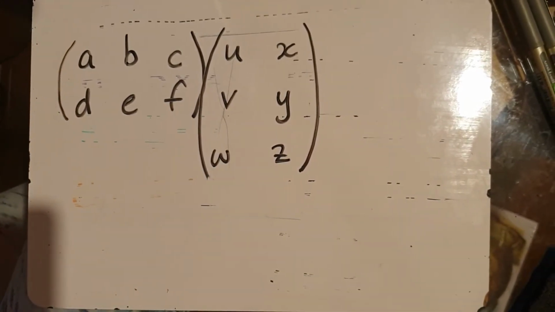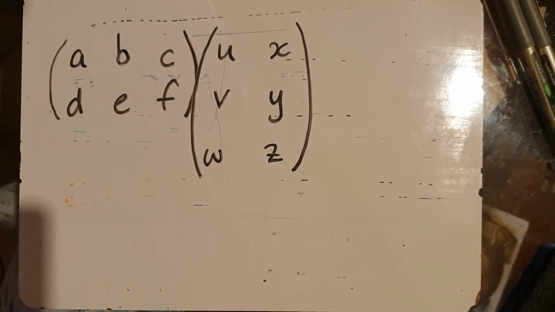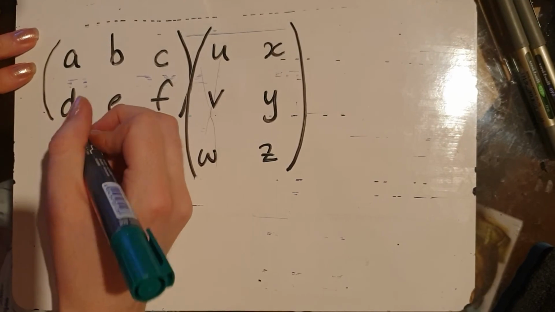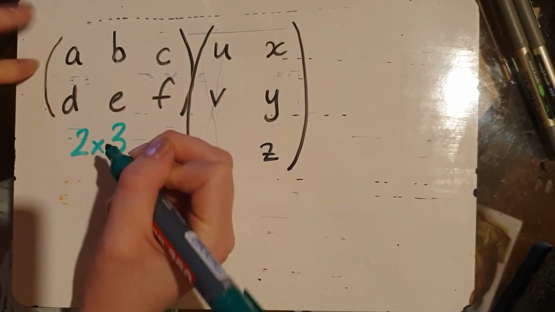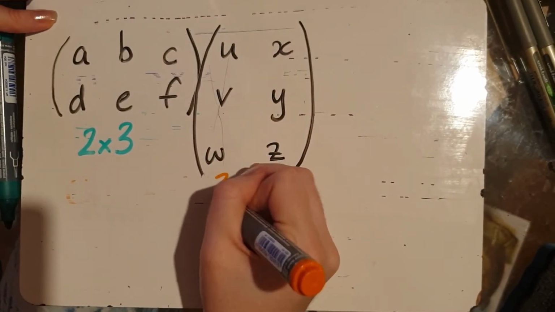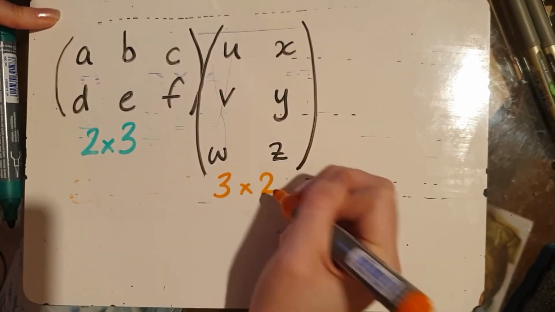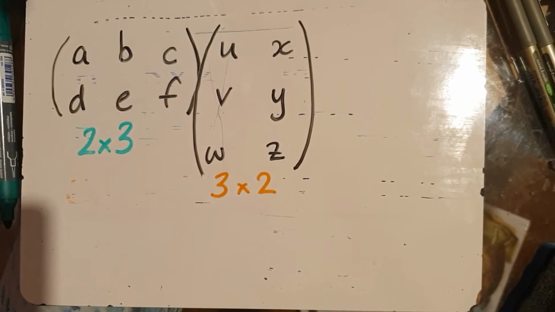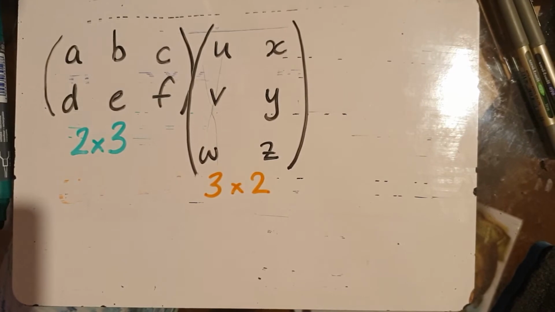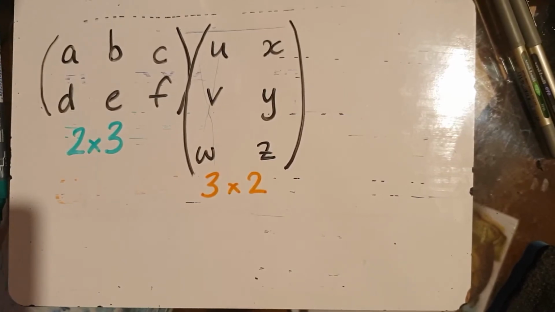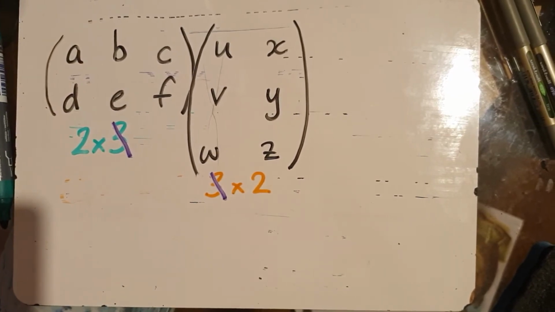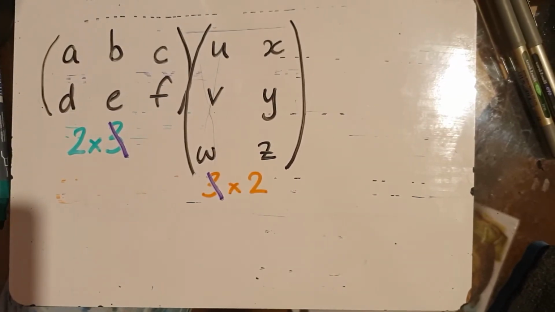Now, I'm going to multiply these two together, but first I'm going to think about what kind of matrix that will give me. So this is a 2 by 3 matrix. This is a 3 rows by 2 columns matrix. So what sort of matrix am I going to end up with? I'm going to end up with a 2 by 2 matrix. So that's what I'm aiming for when I multiply these together.